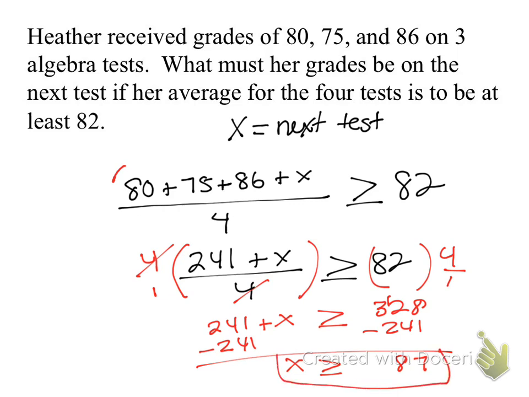And so make sense of that answer. What does that mean to the story? The next test she has to get at least 87 or greater.